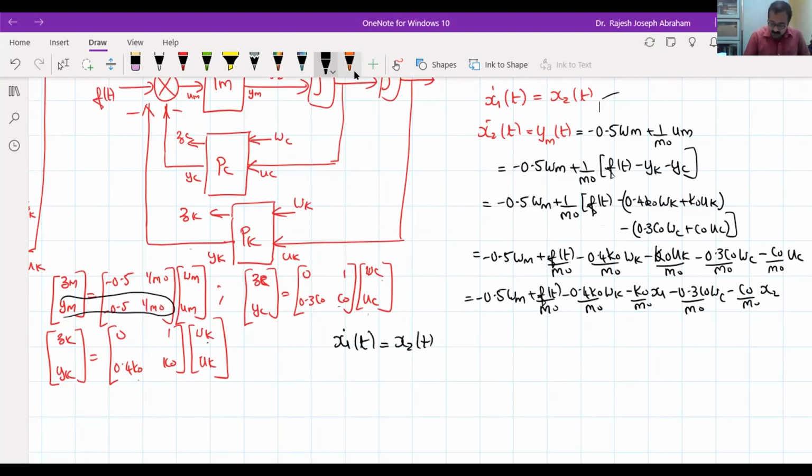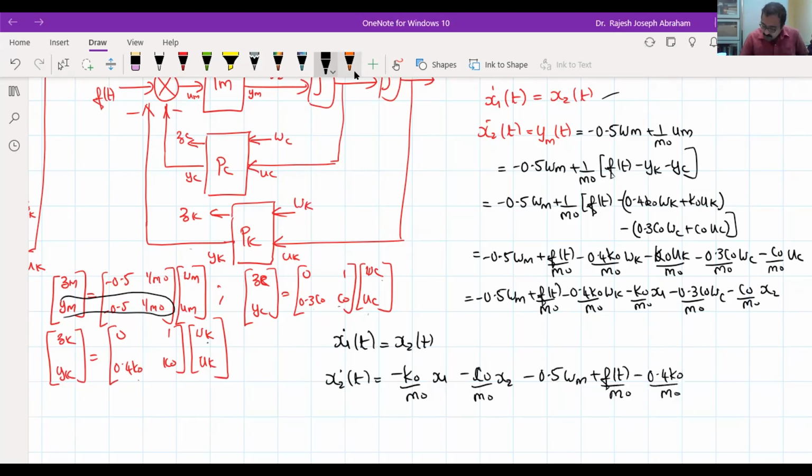The second one is x2 dot t equals minus K naught by m naught x1 minus C naught by m naught x2, then minus 0.5 omega m plus f of t by m naught minus 0.4 K naught by m naught into Wk minus 0.3 C naught by m naught into Wc. Sorry, this is Wk and this should be Wc. These are the two state space equations.